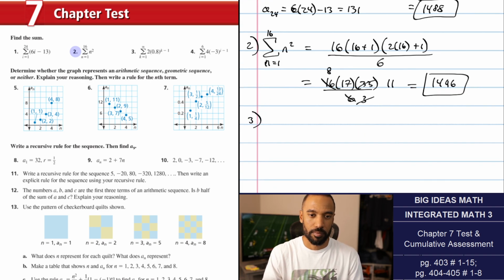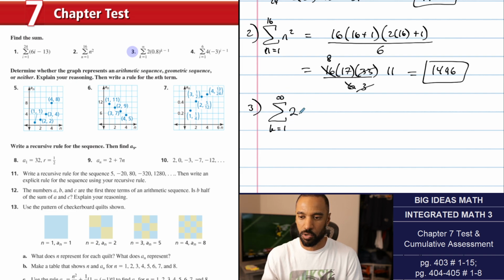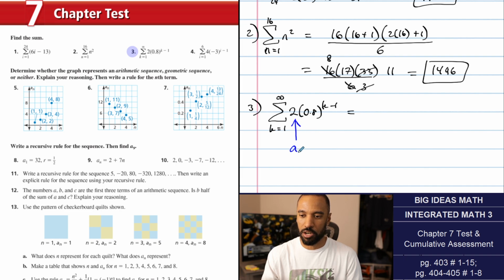Number 3. We're doing a geometric series, and it is an infinite geometric series. Now, this sum does exist because the common ratio we are looking at is 0.8, which is between negative 1 and 1. So we will apply the formula. a sub 1 is 2, your first term, and r is 0.8.